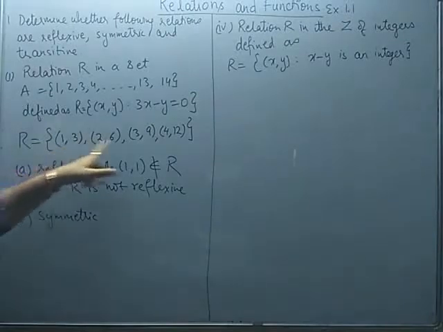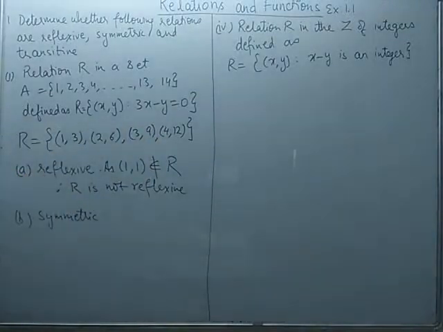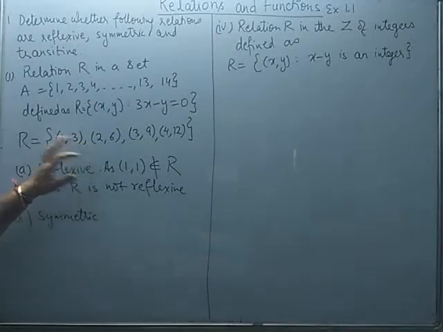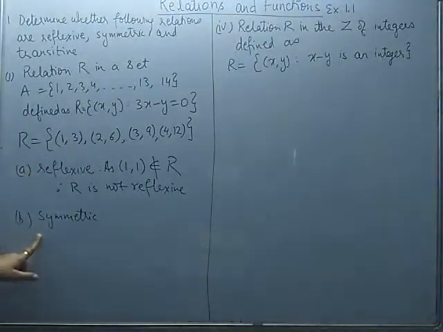It may happen that 3 of the pairs are satisfying the given condition, but the fourth one is not satisfying. So if a relation has to be symmetric, then whatever ordered pairs are available in the relation should satisfy the required condition. You can see here none of the pairs are satisfying the relation.